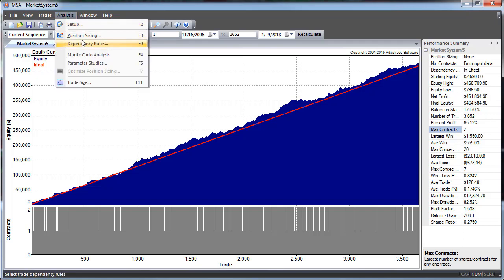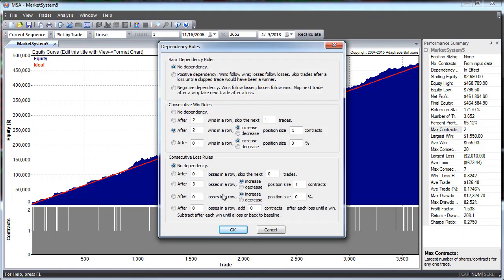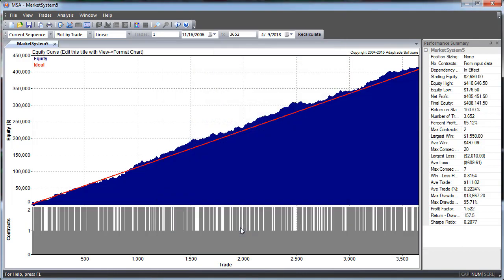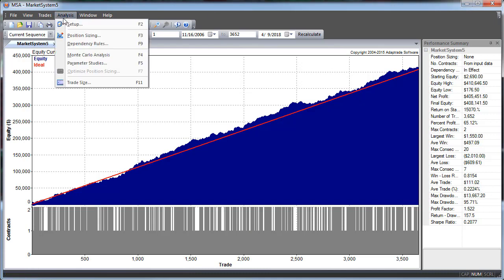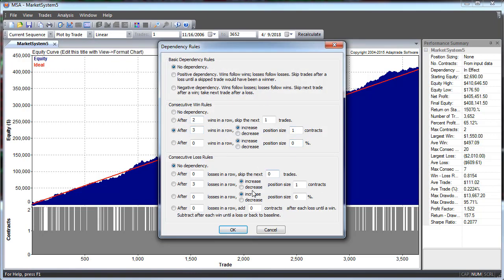Let's go back and look at the dependency rules after 3. Let's try it after 3 wins in a row. That doesn't help. That's worse. Let's see, dependency rules. So you can do all kinds of things. So you could have after 2 wins in a row, do that, and then after 2 losses in a row, decrease position size by 1 contract.